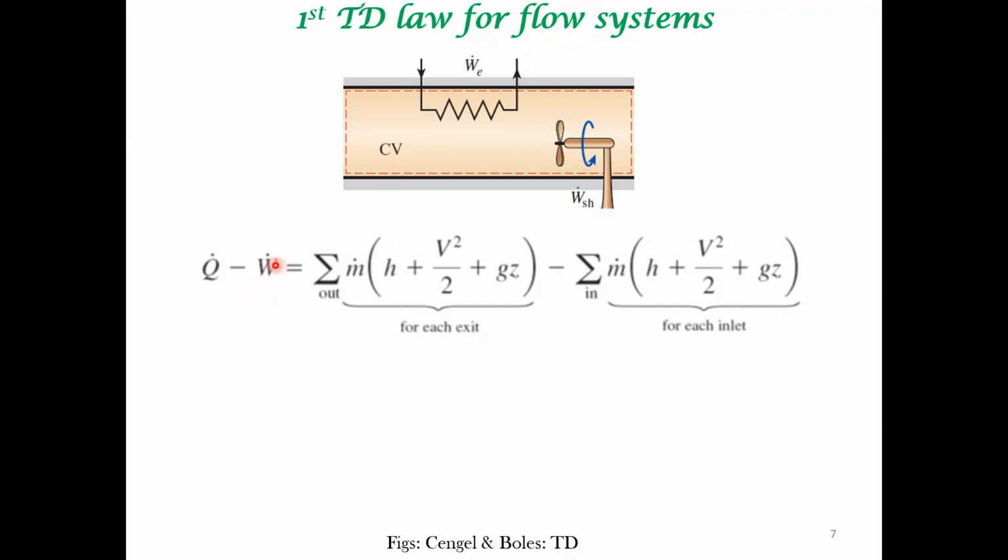It involves aspects of electrical work and shaft work: the net rate of electrical work into or out of the system, and shaft work. So these are the kinds of work that are involved. For a steady state system, boundary work is zero, and flow work is incorporated into this particular term.